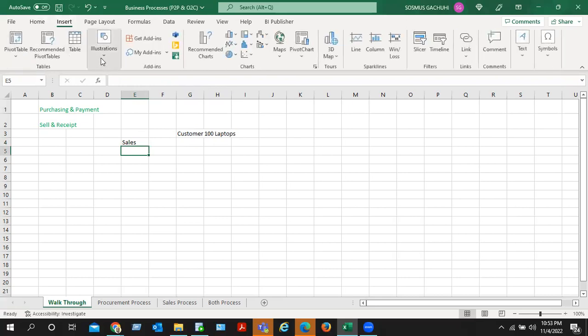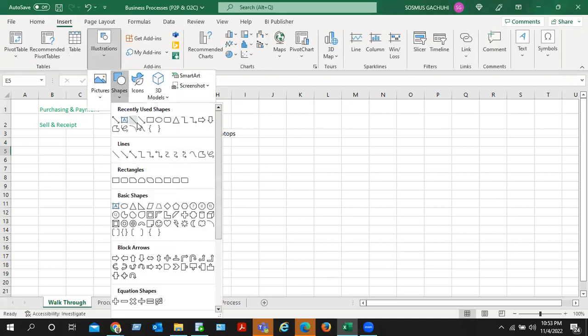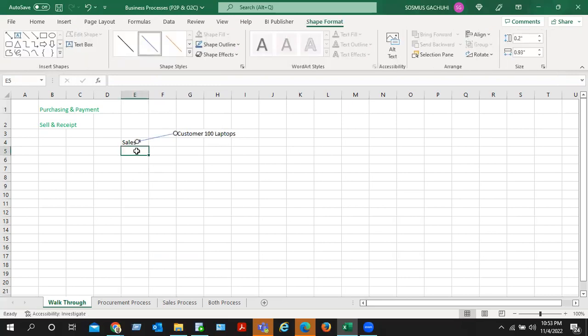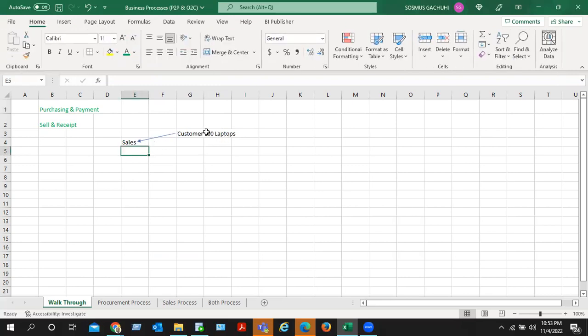Once this customer contacts the sales department, they will tell them, you know what, we need these 100 laptops, and we would require them perhaps in a certain period or duration.